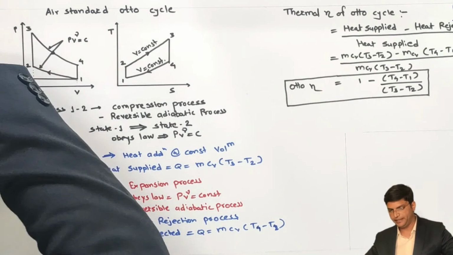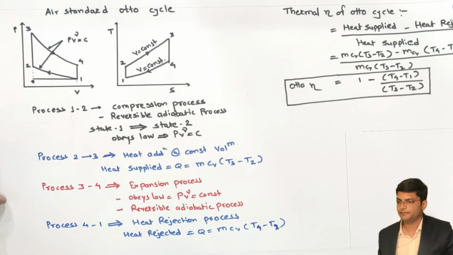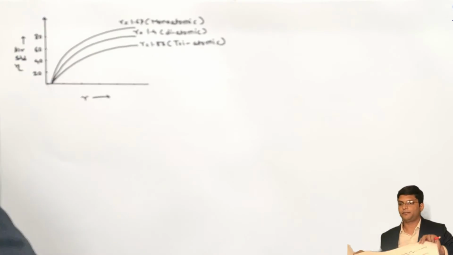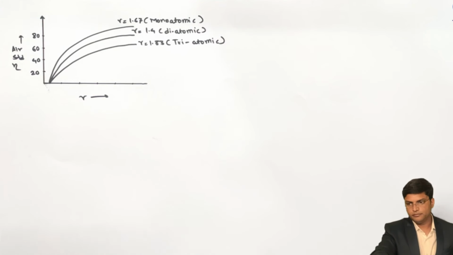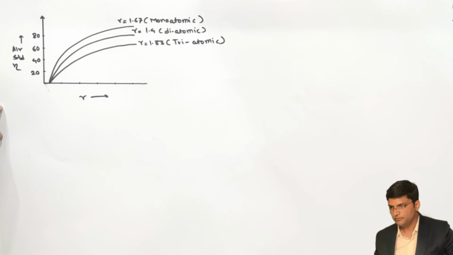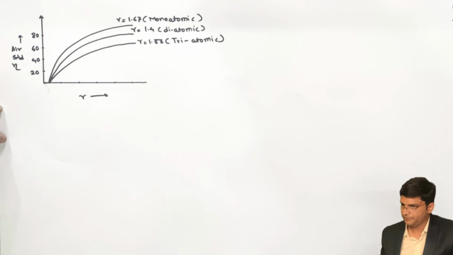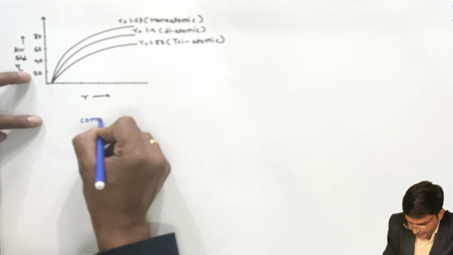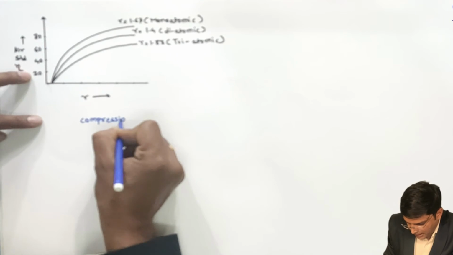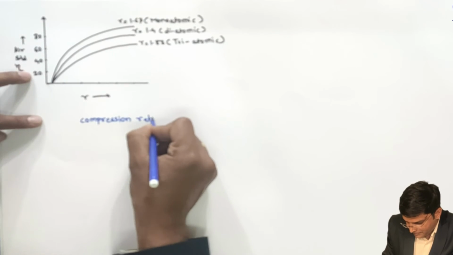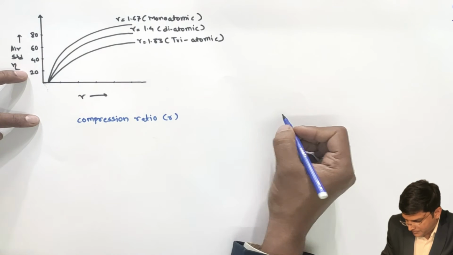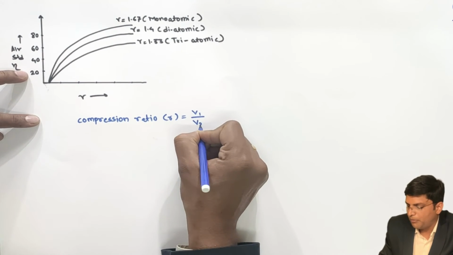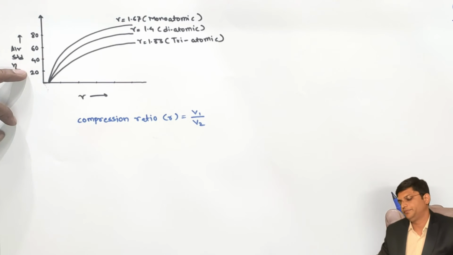Now again we will simplify it. Compression ratio is denoted by small r, which is nothing but V1 upon V2.